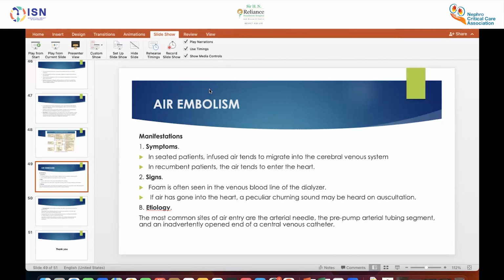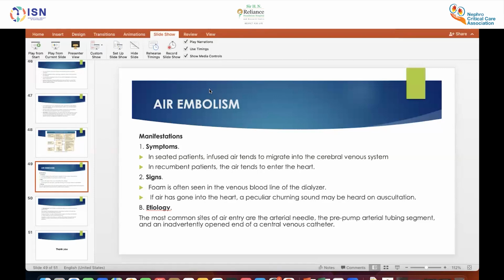Similarly, if there is any third port, let us say you have put a triple lumen catheter and one port you forgot to clamp down, in that scenario also you can have air embolism if it is open. So these are some of the practical things you have to know.